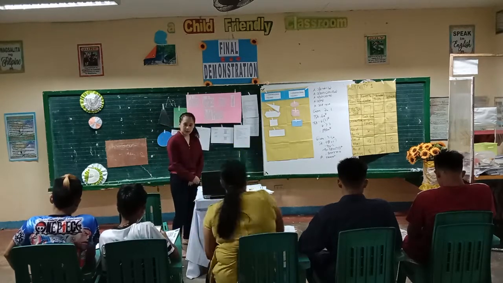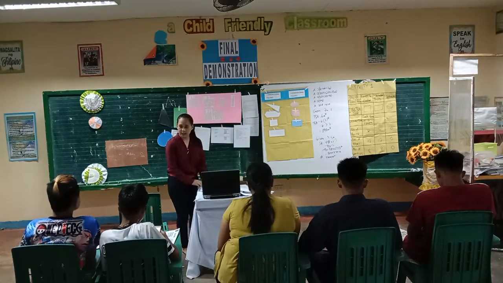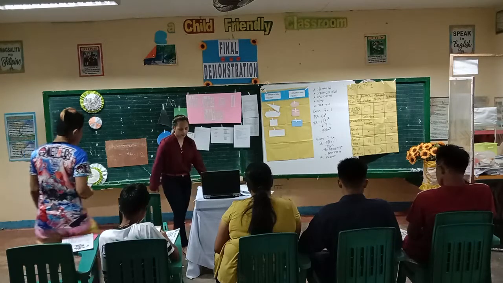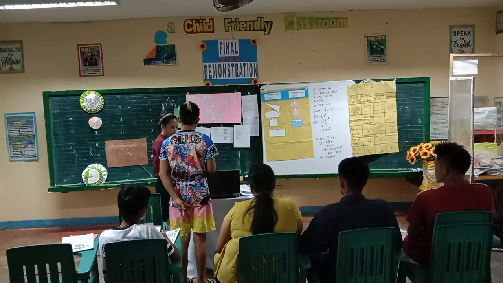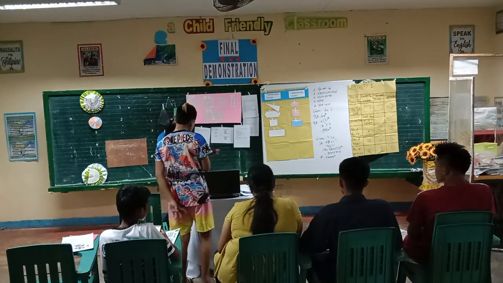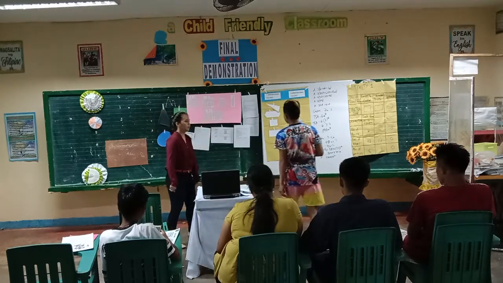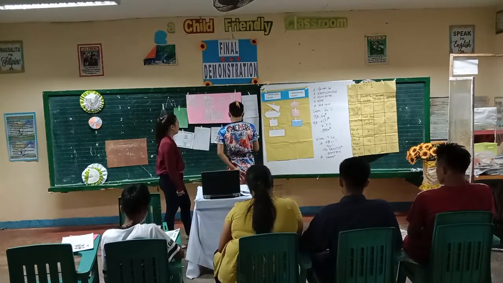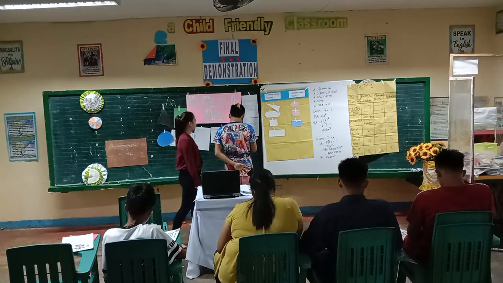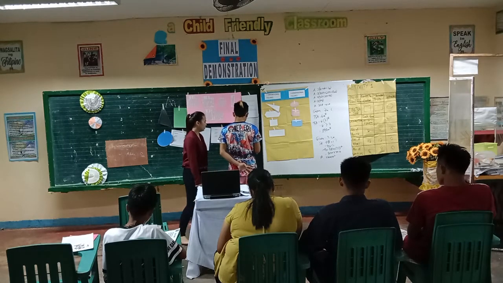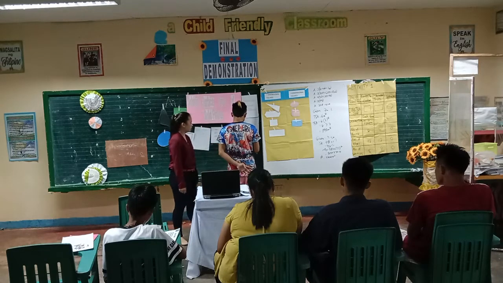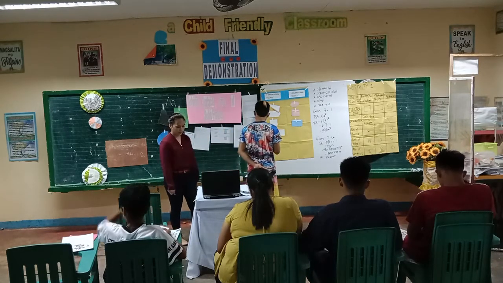Thank you. So the last number, Arjun, please. Number 5. A spatial figure with two circular bases, no edge and no vertex. The cylinder, ma'am. Okay, thank you.